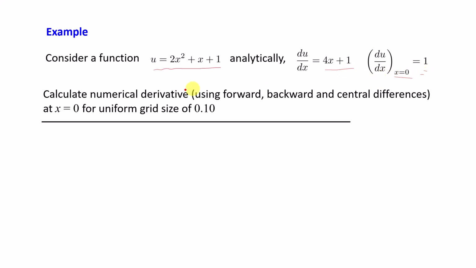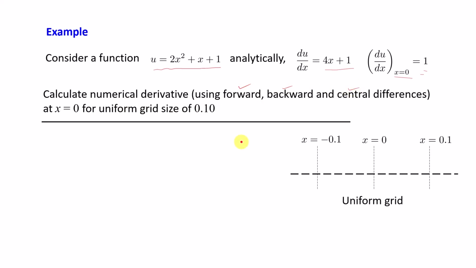Now let's see, if we calculate this derivative numerically using all three methods, forward, backward, and central, what do you get? So this is my uniform grid. My grid size is 0.1. So I have x equal to 0, 0.1 forward and 0.1 backward, and my u is only defined at these 3 points.